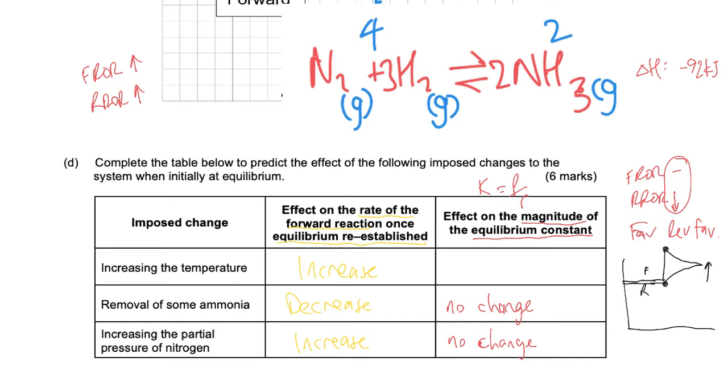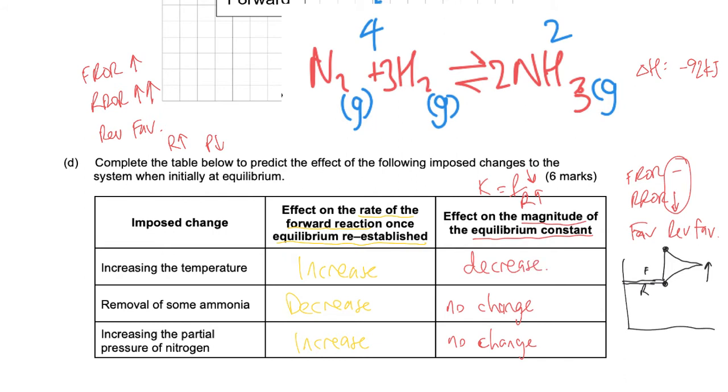Which one goes up more? The endo, which happens to be the reverse. If the reverse goes up more, then the reverse is favored. If the reverse is favored, the reactants go up, the products go down.